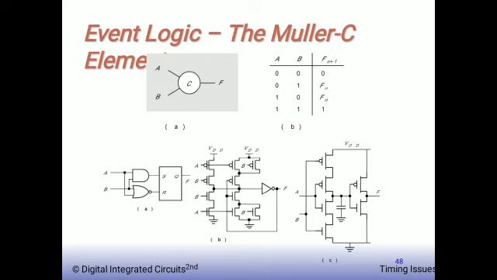When inputs differ, the output retains its previous value. Phrased in a different way, events must occur at both inputs of a Muller C element for its output to change state. Both values have to change, and only then will the output change, creating an output event. As long as this does not happen, the output remains unchanged and no output event is generated.